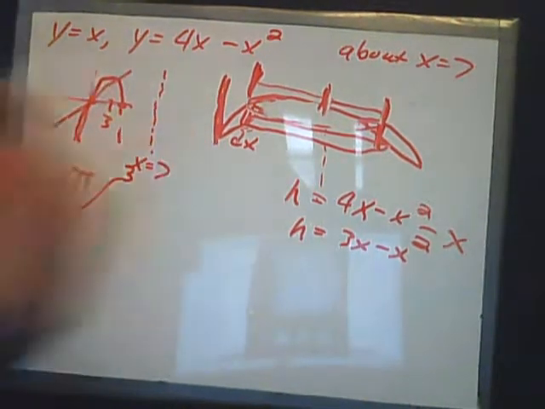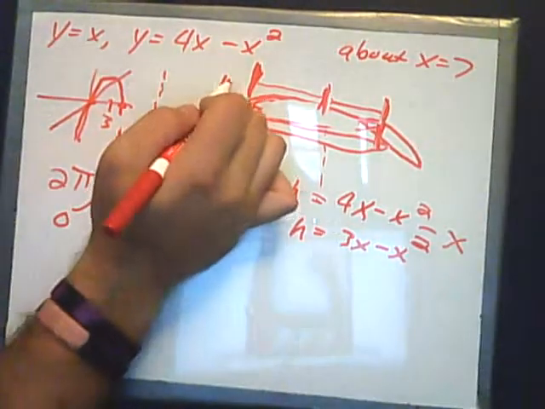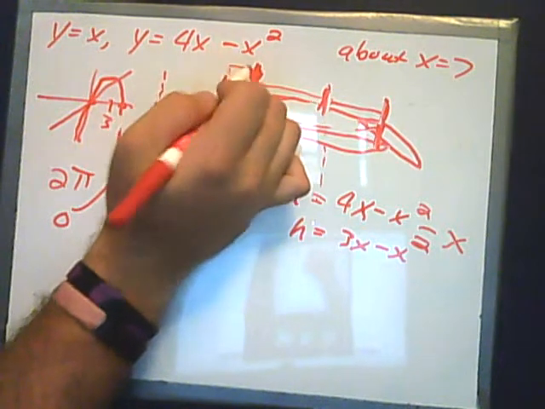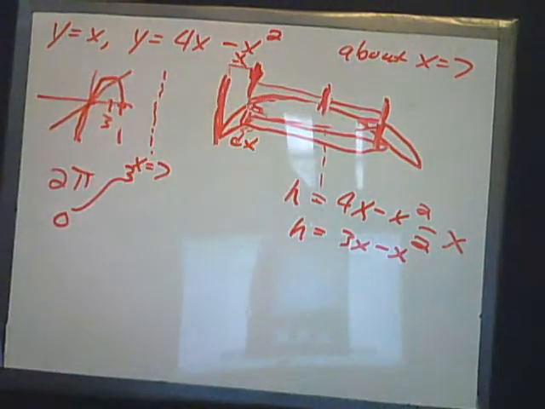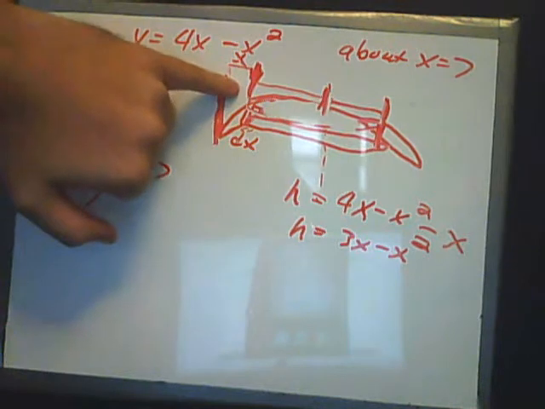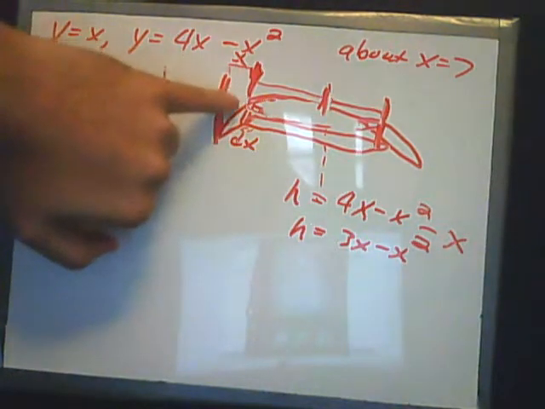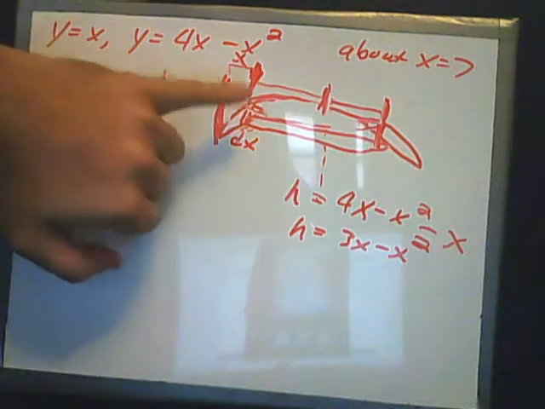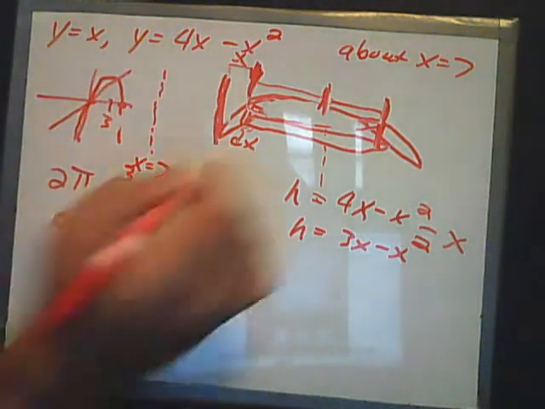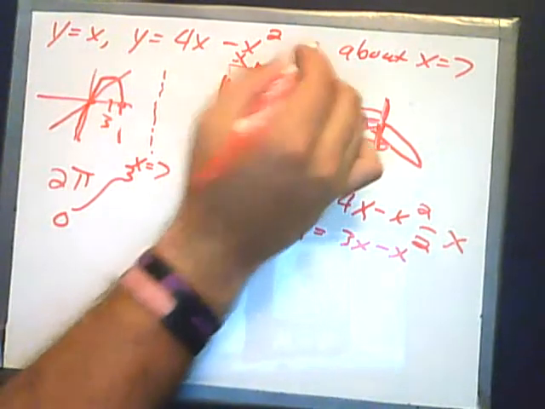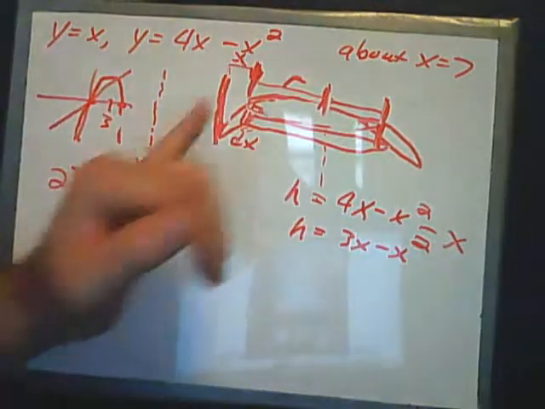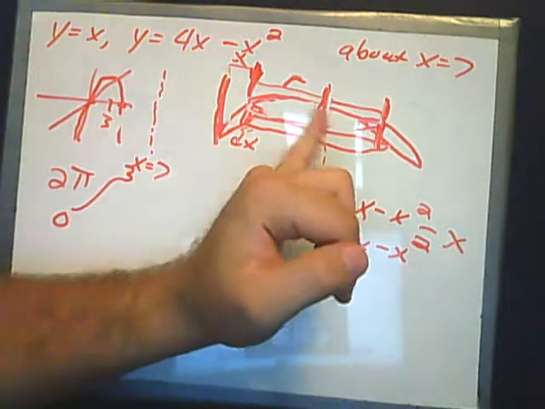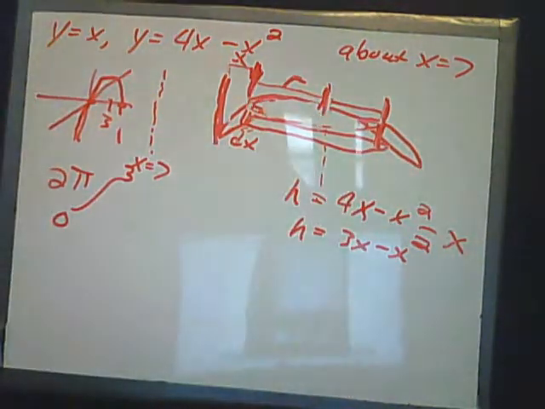So if this is our y-axis, then we have always called this distance right here x, the distance from the axis to the point on our enclosed area. But we're interested in this radius, which is the distance from our slice to the line x equals 7.